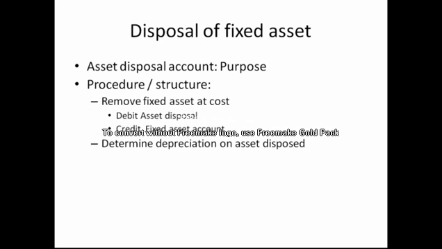And we know that will even further increase the accumulated depreciation, our negative asset. So we will have to credit our negative asset, accumulated depreciation, and debit depreciation, our expense account.